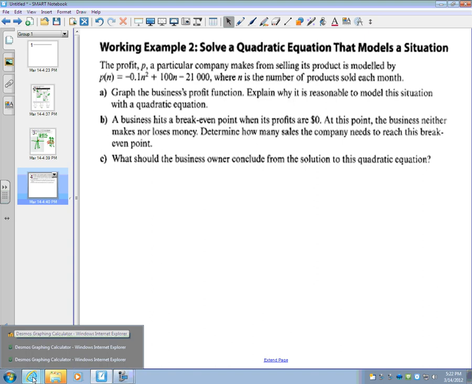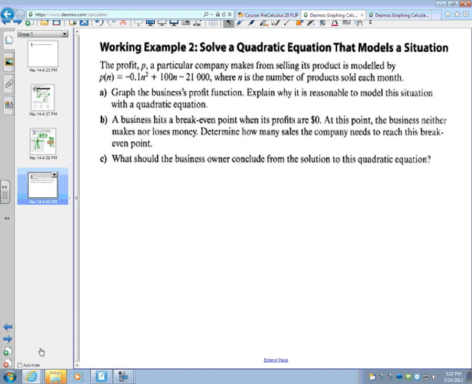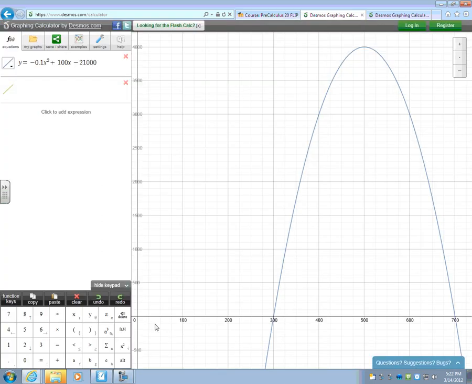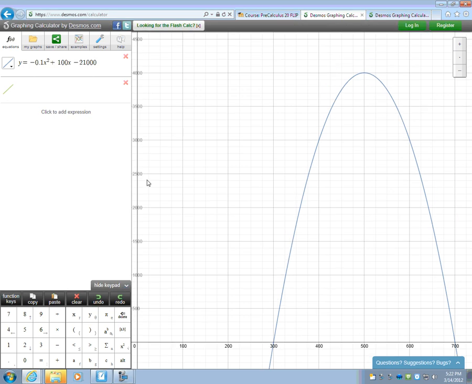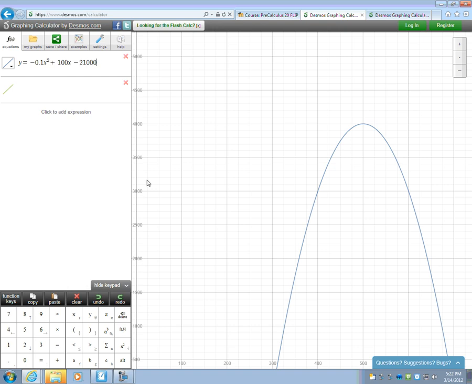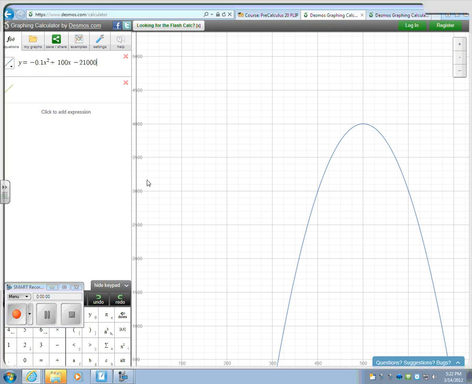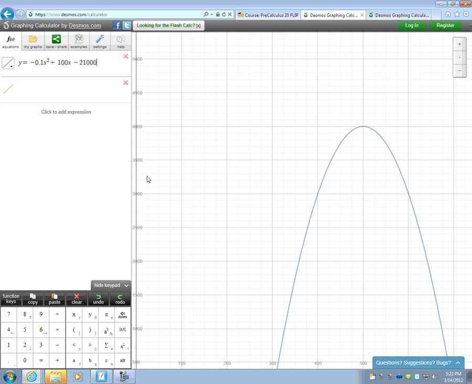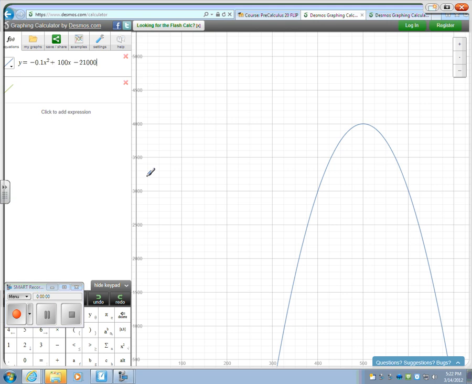So it's saying profit is equal to a function in terms of the number sold. So why does that make sense? On this side, we have our profit. Oh, it's not letting me write. Maybe now it'll let me write. Okay, there we go.